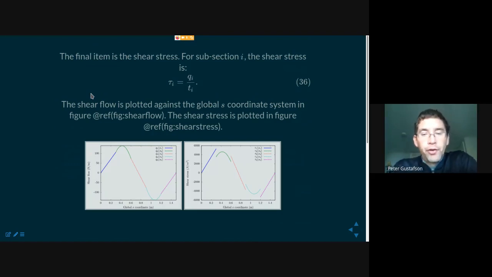There was no variation across the thickness in terms of the magnitude of the shear stress. The shear stress was thus oriented in a tangent-normal coordinate system that follows the normal to the thin-walled cross-section.